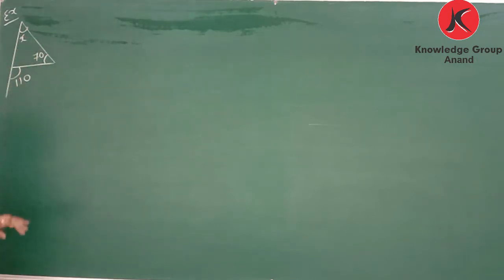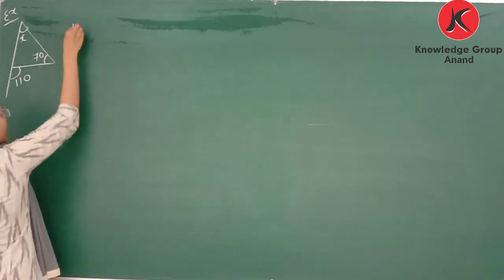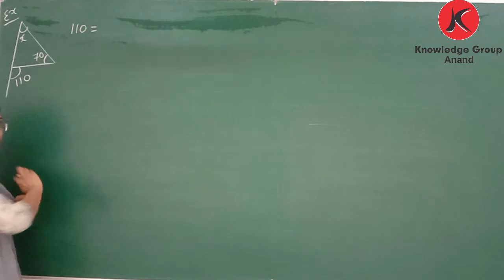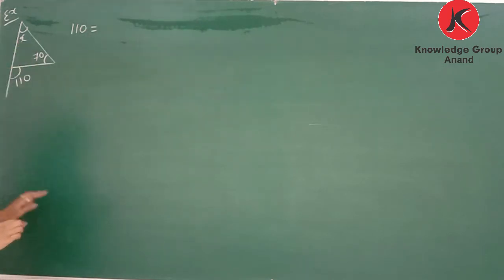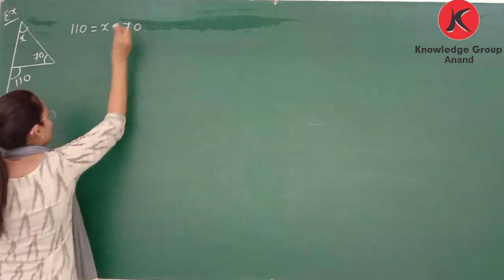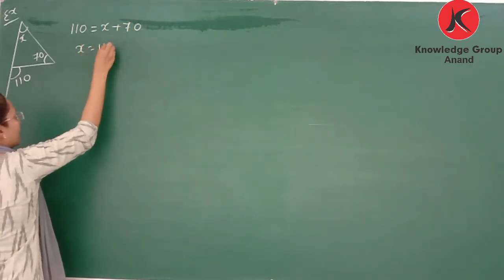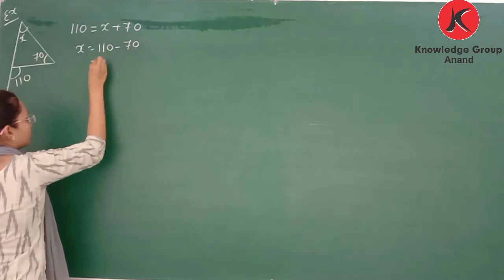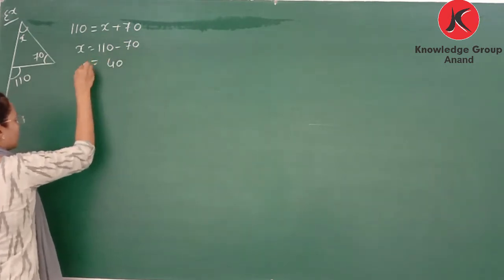Now using exterior angle sum property, you can find unknown angle X. So here you can write 110, that is the exterior angle, and these two are interior opposite angles. So you can write X plus 70. So X will be 110 minus 70, so it will be 40.